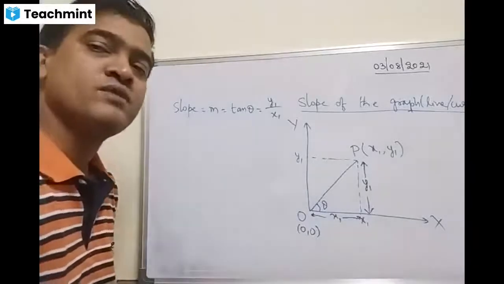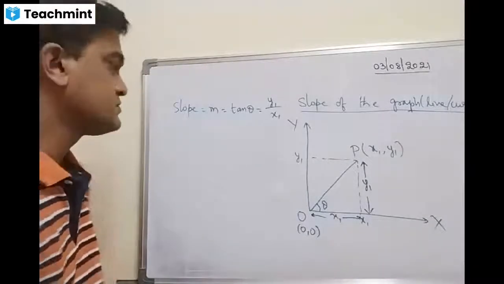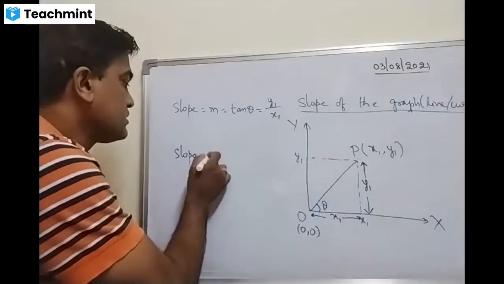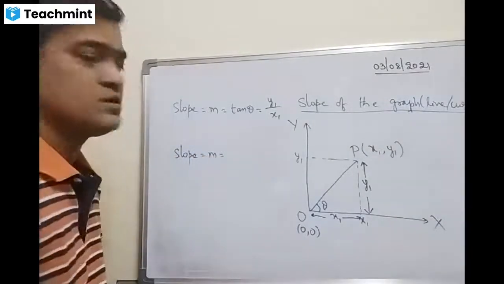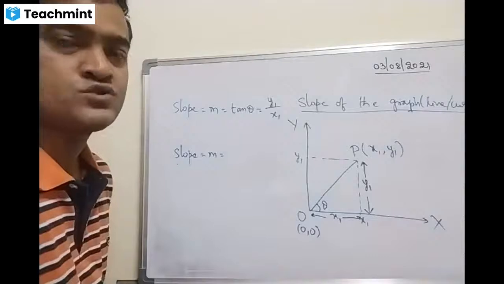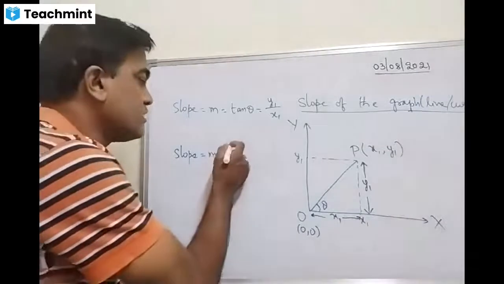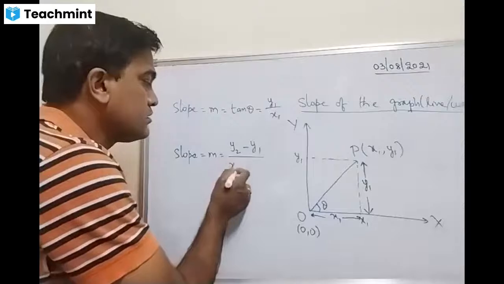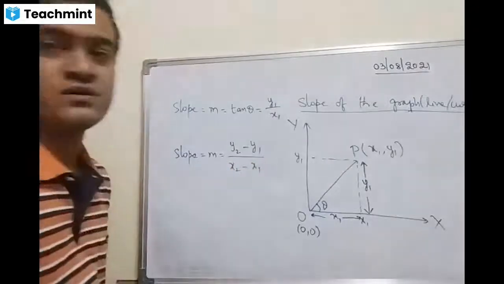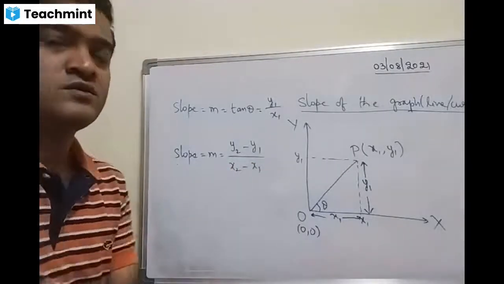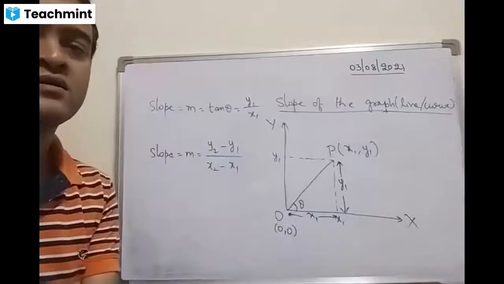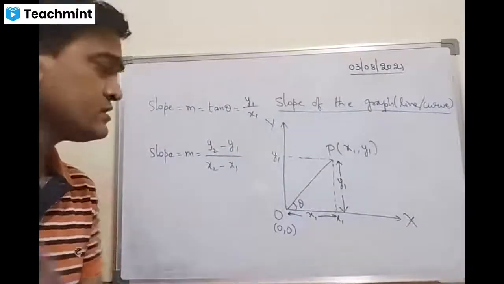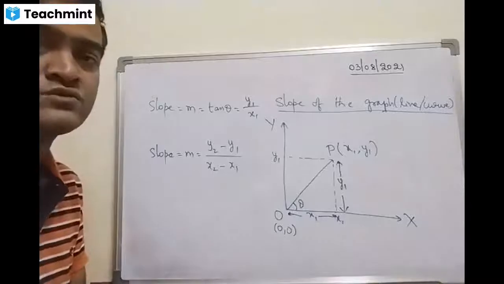And one more formula is there, that is slope m, what you call the 2-point form. We have one formula: y2 minus y1 upon x2 minus x1. If you recall 9th or 10th standard mathematics, you know how to find slope.